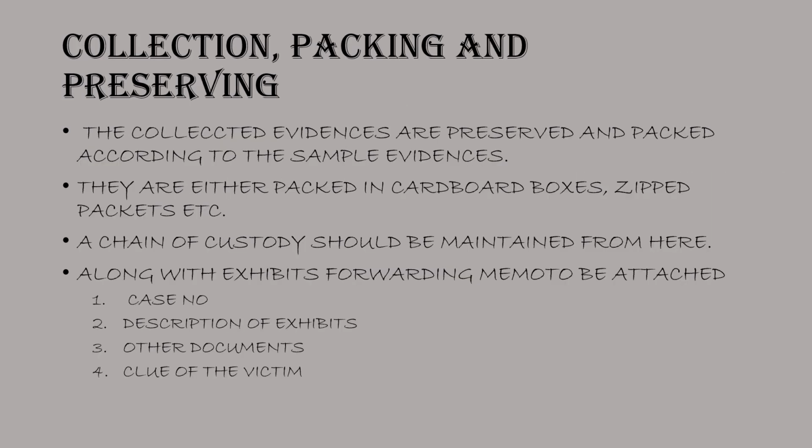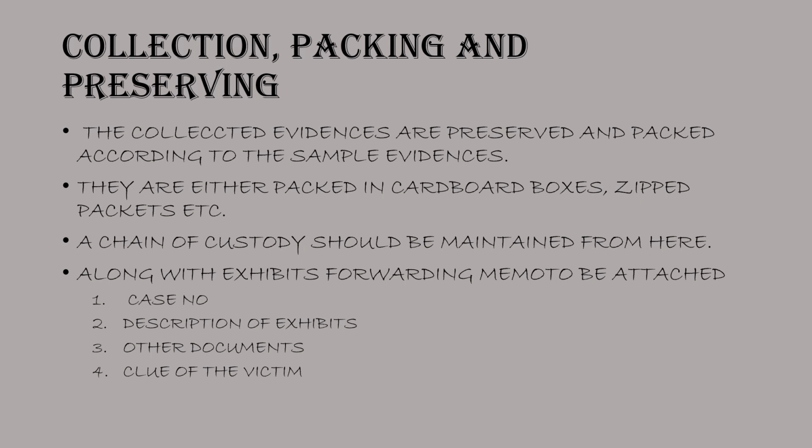Collection, packing and preserving. It is important to preserve the collected evidences from the scene of crime. So the collected evidences are preserved and packed according to the evidences that are found. They are either packed in cardboard boxes or gift packets, based on the nature of the evidence.